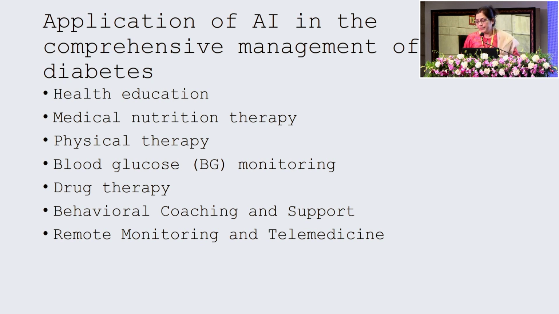Drug therapy. Personalizing drug therapy is at a nascent stage, but AI is being used now to, one, develop drugs, and two, to then personalize those drugs to the individual. But more immediately in diabetes, insulin dose titration. There is a Chinese study with premix insulin.